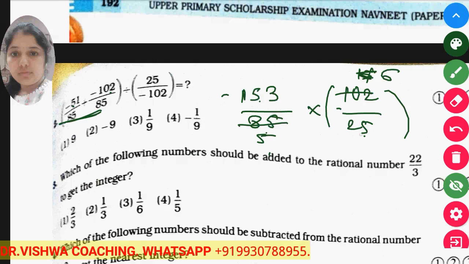Now this 153 and 25, they have no common multiple. 9 should not come under this. How will 9 come? I have to check this sum.